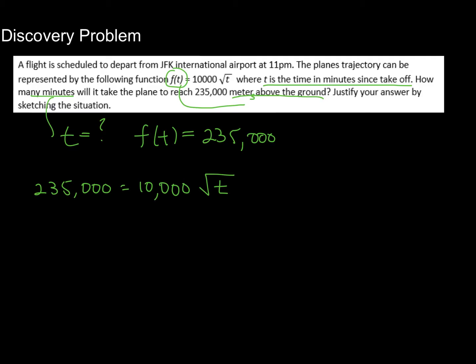And what we do is we're going to actually divide by 10,000 on both sides. So go ahead and do that now. And then we're going to square both sides. So we're going to end up with 235,000 divided by 10,000. I want you to compute that on your own.